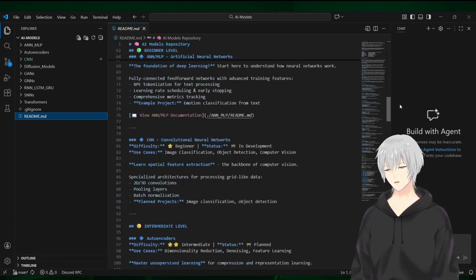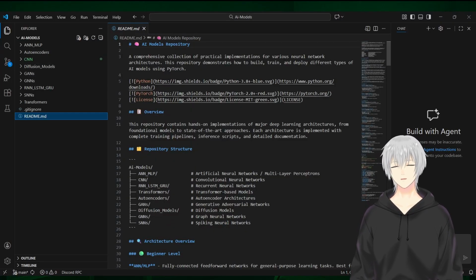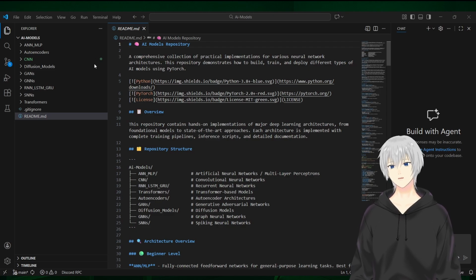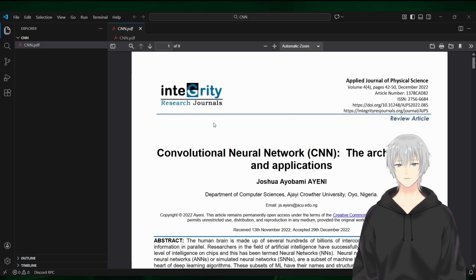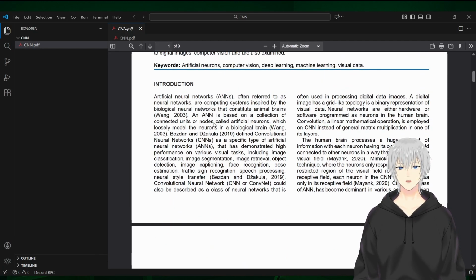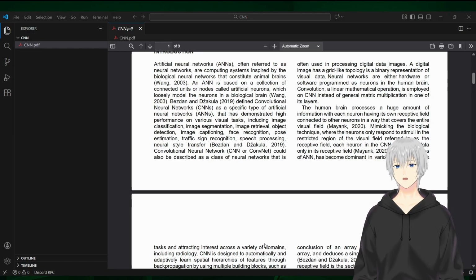I think I can give the link right now. Wait, let me grab the link of this repo really quickly. Meantime, I'm just gonna move you guys back over to the CNN research paper so you guys can read it. Where were we? Yep, there we go. Let me just grab a link to the GitHub.